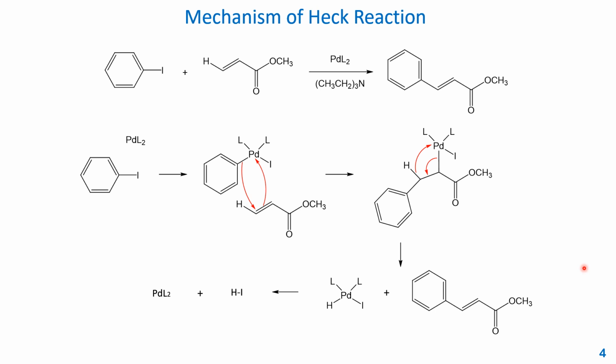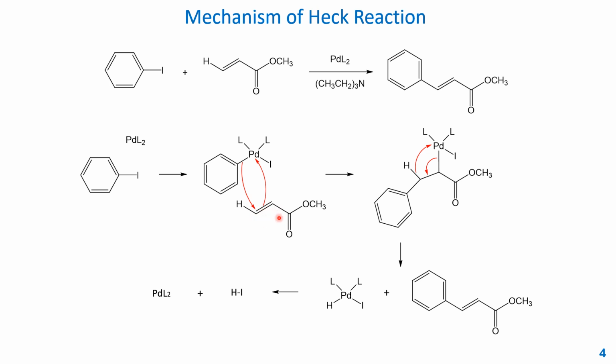And you might wonder why we need an electron withdrawing group trans to this hydrogen here. If you look at the mechanism, this electron withdrawing group makes the reaction faster, because in this step this nucleophilic phenyl group attacks this carbon, which is electrophilic.